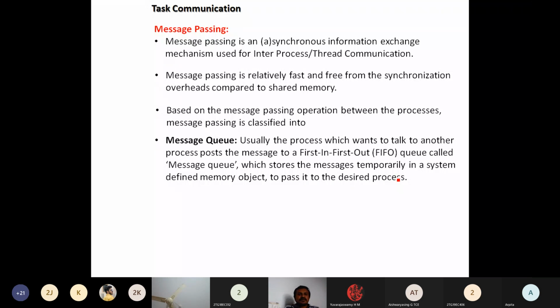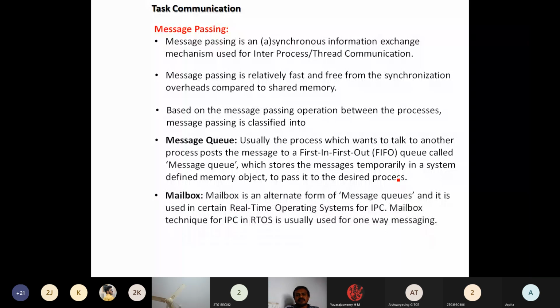So message passing is nothing but a shared memory in the form of a queue, first in first out, or the mailbox. The mailbox is an alternate form of message queue and it is used in certain RTOS for inter-process communication, for one way of messaging.